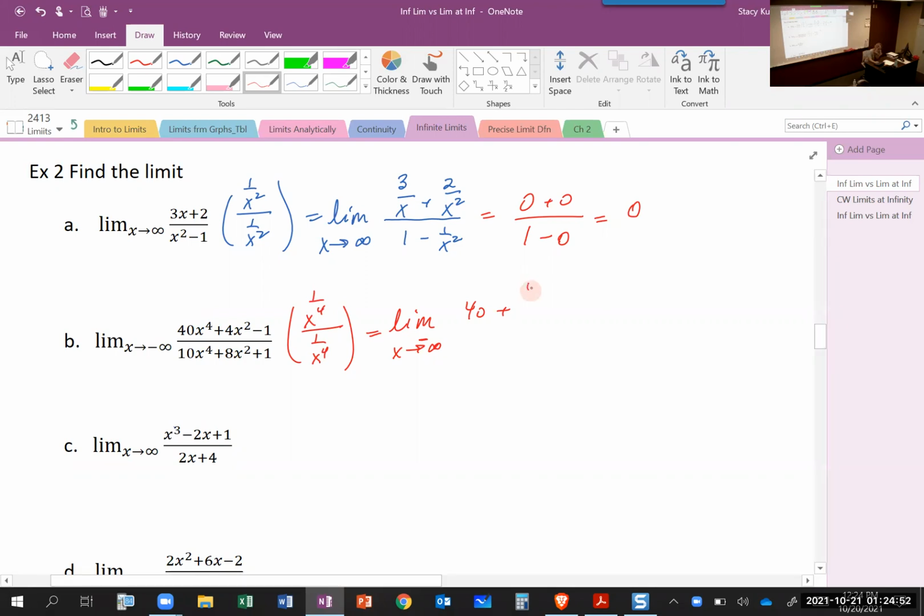Okay. x squared minus 1 over x to the 4th, right? Okay. And in the denominator, we end up with 10 plus 8 over x squared plus 1 over x to the 4th.